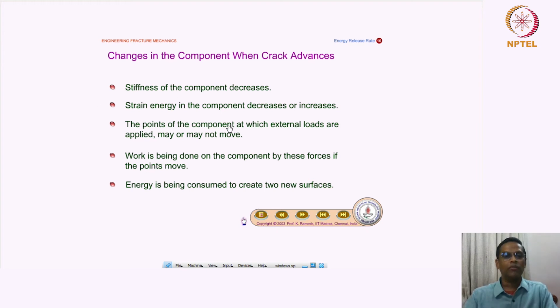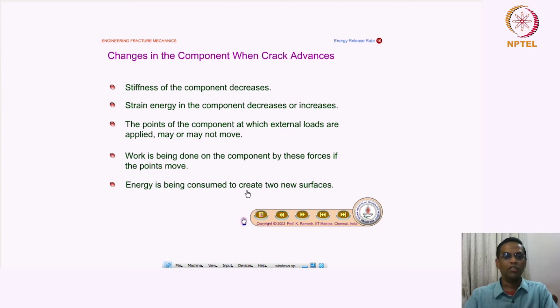The points of the component at which the external loads are applied may or may not move. So we are going to look at the strain energy aspect for a constant load as well as a fixed grip. We will see work is being done on the component by these forces. The points move.